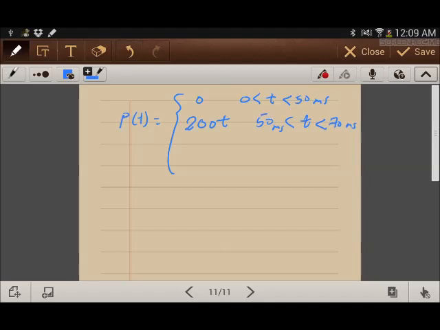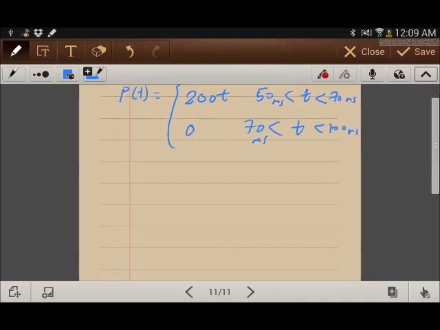If we plug in t equal to 50 milliseconds, it will give us 10 watts, and 70 will give us 14 watts. And then 0 when t is greater than 70 milliseconds and less than 100 milliseconds. So this is the instantaneous power.